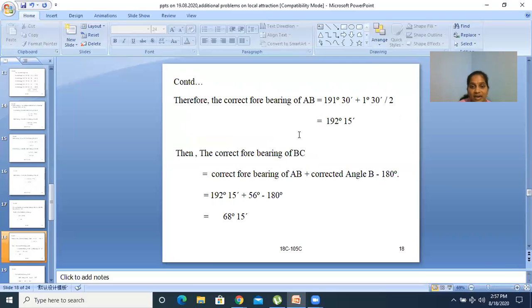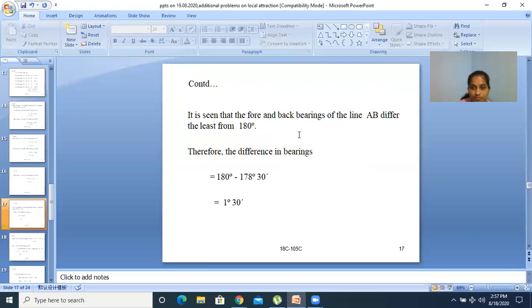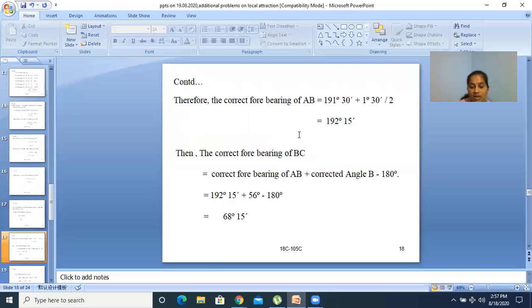Therefore, the correct forebearing of AB line is equal to the observed bearing 191 degrees 30 minutes plus 1 degree 30 minutes by 2. So that is 192 degrees 15 minutes.